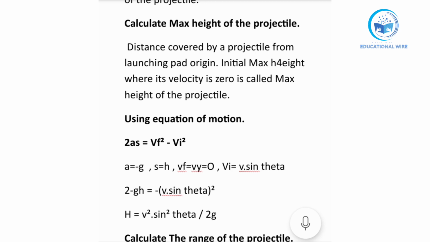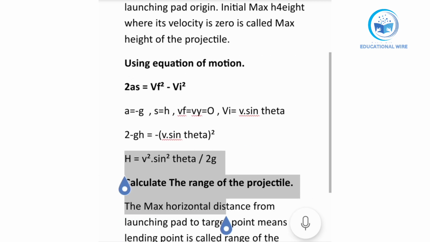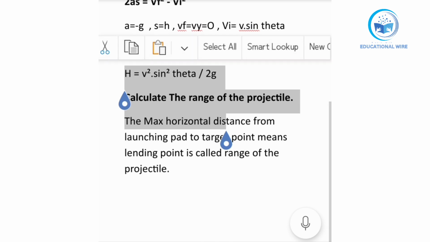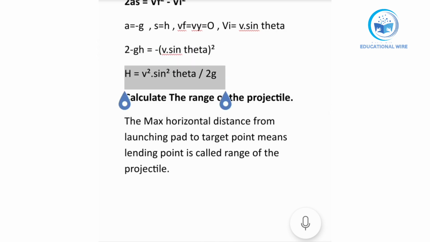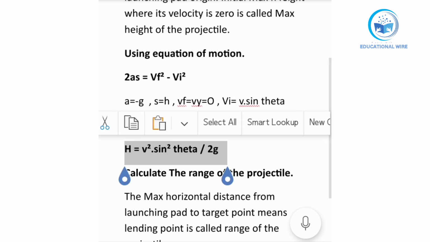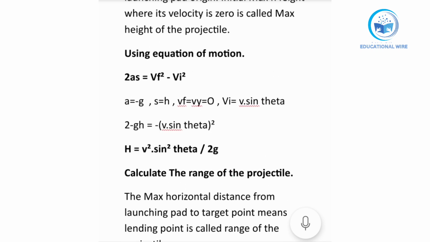So this is our equation for height. Here we have found the formula of height and proved how we can derive it: height is equal to v square sine square theta upon 2g.